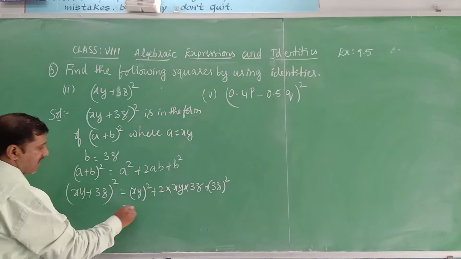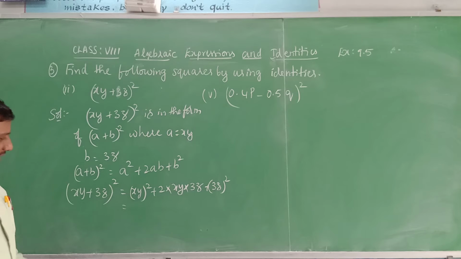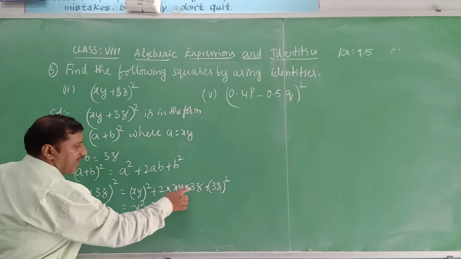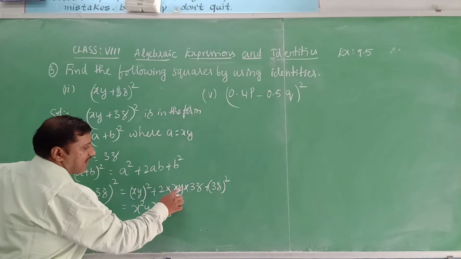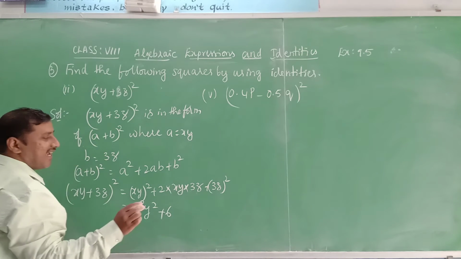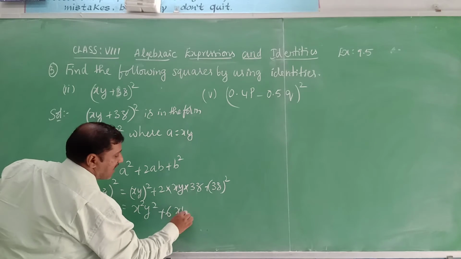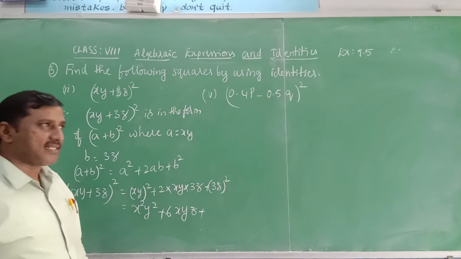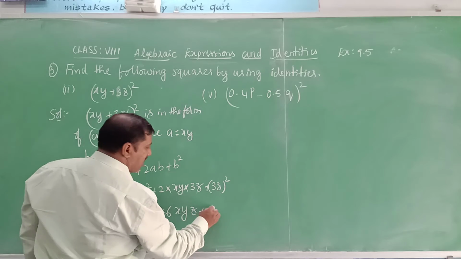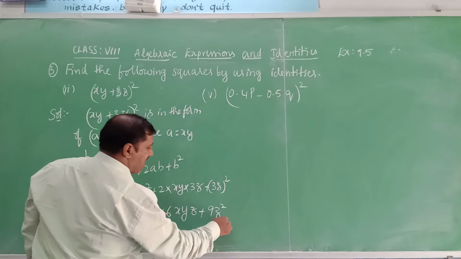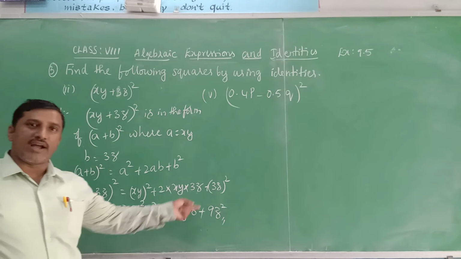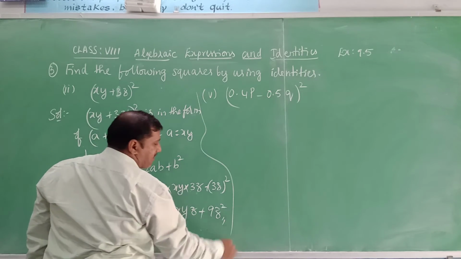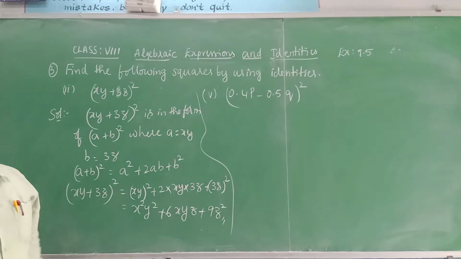Simplify now. xy whole square means x square into y square, plus 2 into 3, 6, x into y into z, all are unlike variables. We get xyz, plus 3z whole square means 3 square z square, 3 square 9, 9z square. Sometimes if you find any like terms, you should simplify them either by adding or by subtracting as per the like terms.